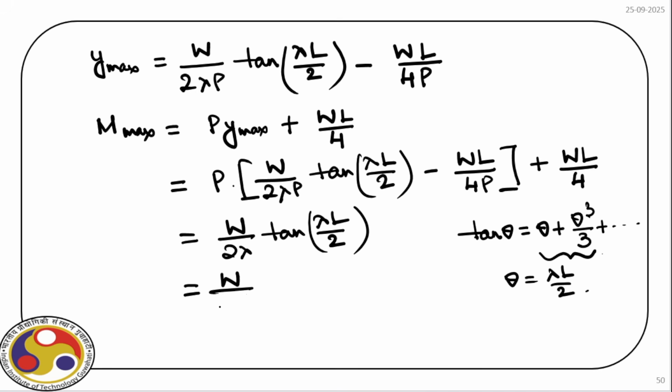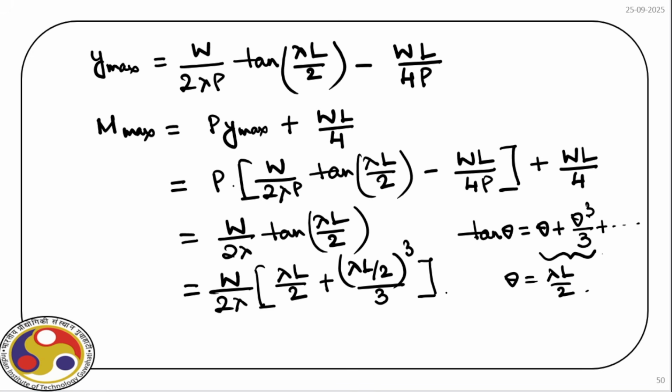So we have W by twice lambda within bracket, the first term is theta, that is lambda L by 2 plus theta cube, which is lambda L by 2 whole cube divided by 3. Right. Okay.